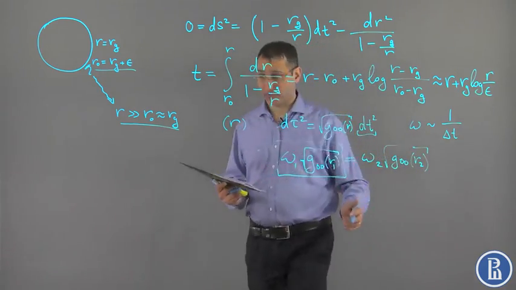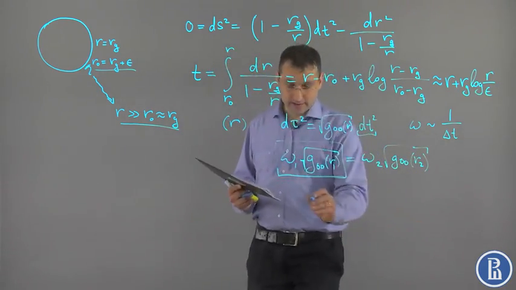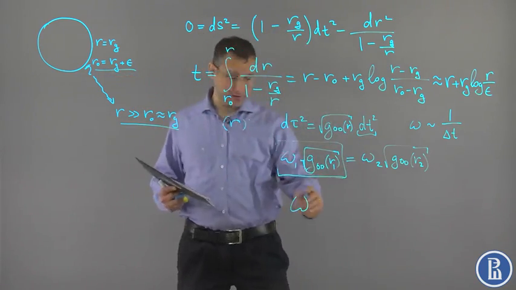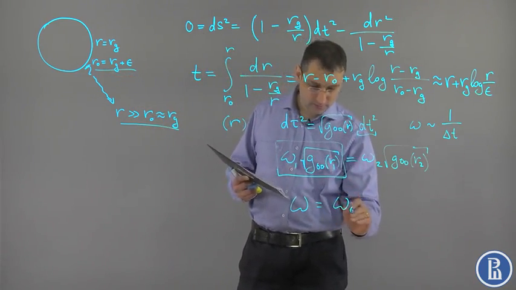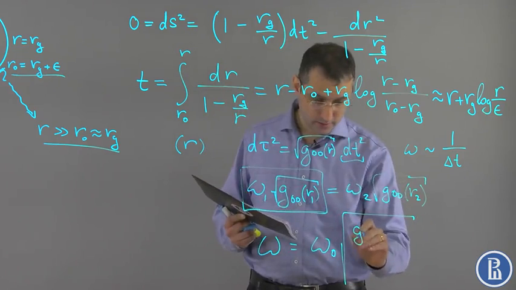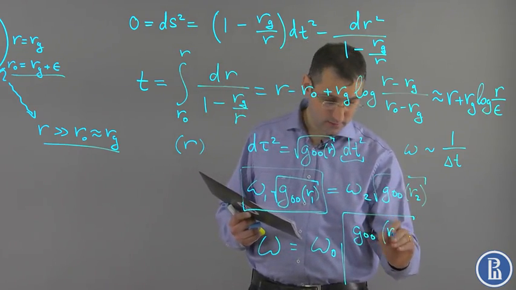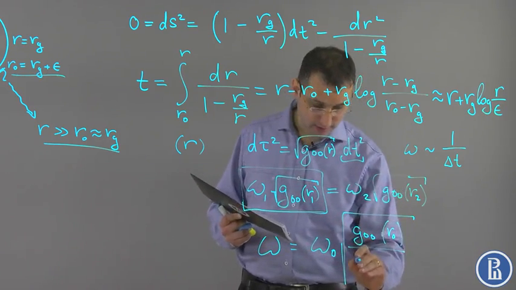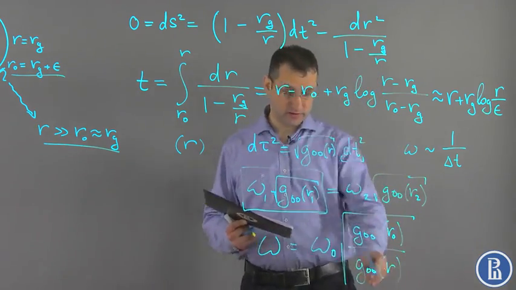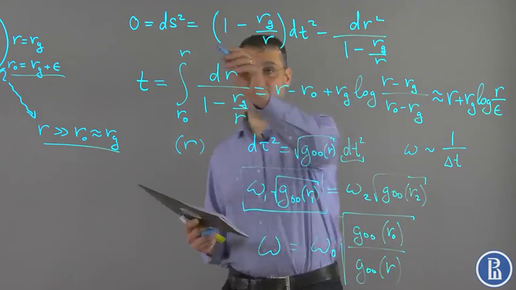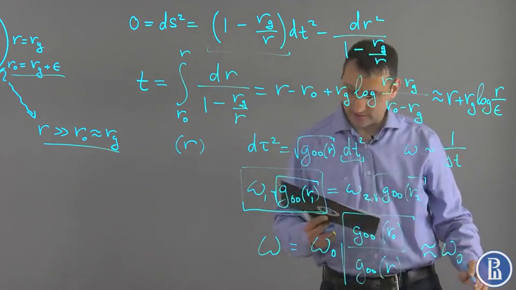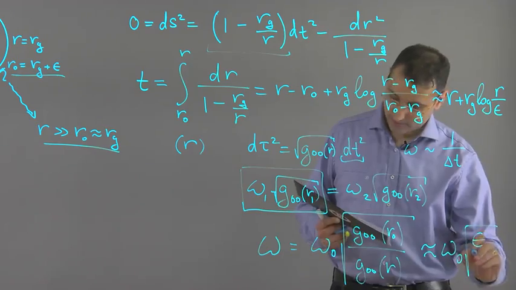So from this relation, omega at the radius r, if the initial frequency was omega_0, is equal to the following relation. But g00 is just the Schwarzschild component. As a result, this is approximately equal to omega_0 times epsilon divided by r_g.